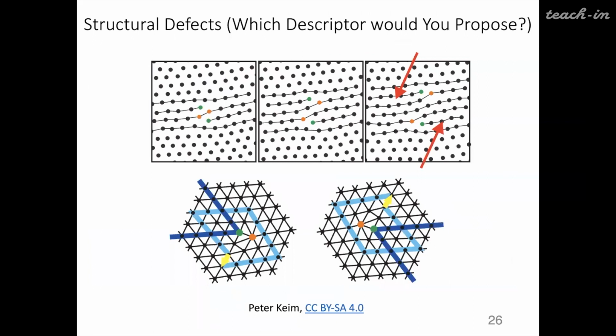And there are several classifications of structural defects in crystalline solids. Which descriptor would you propose to account for defect sites on a crystalline surface?